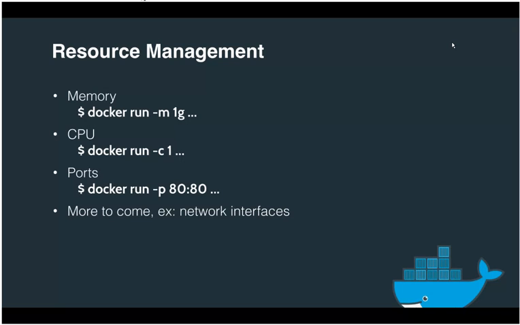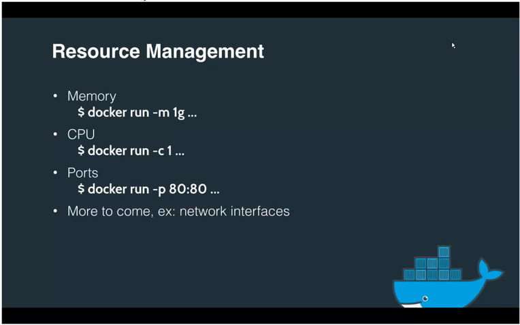Same goes for CPUs and cores. So now we specify docker run -c 1, which will try to find a machine with 1 CPU core available. And then same about ports. If you expose the port 80 from the port 80 of the container on the host, it will try to find a machine with the port 80 available.